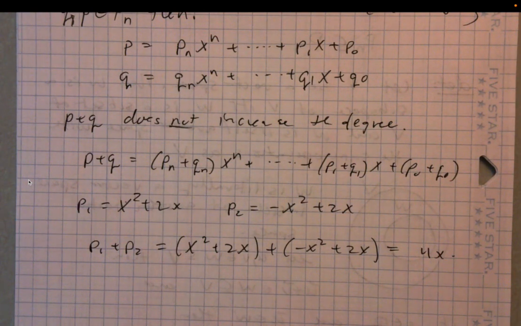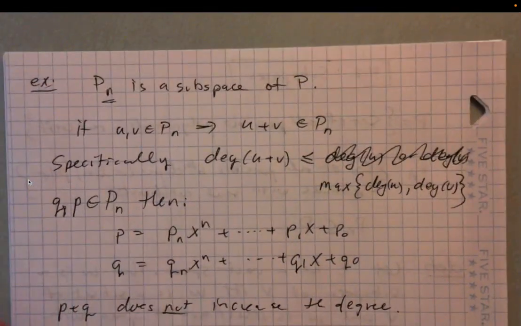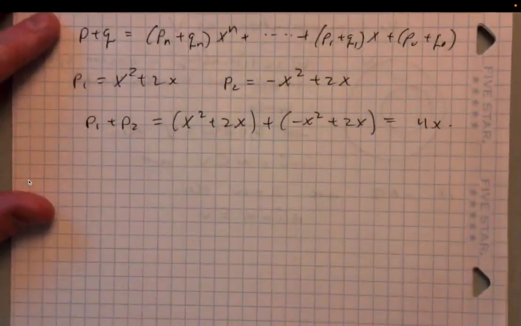And so that's why we define P sub n as we do, where we say P sub n is an nth degree or less polynomial with real coefficients. Once you're inside of P sub n, two elements inside of P sub n can't get outside of P sub n.